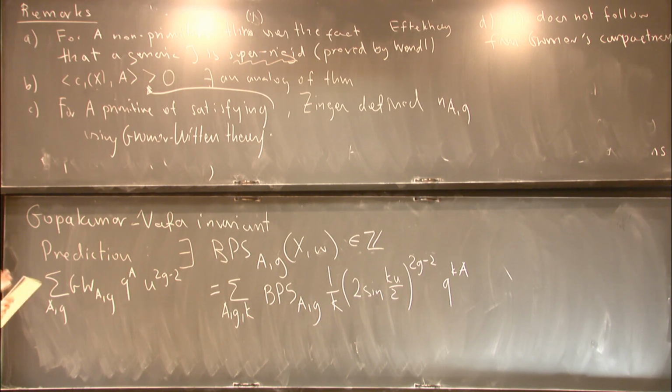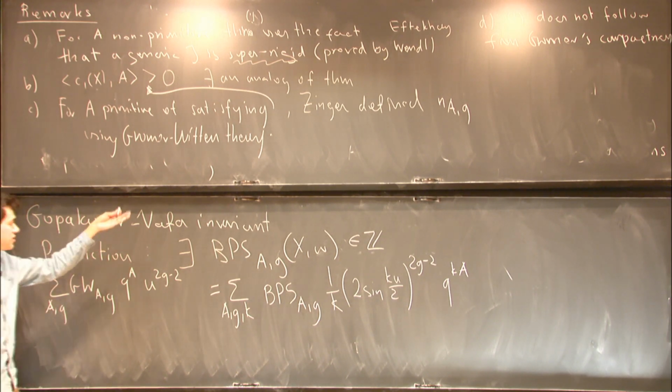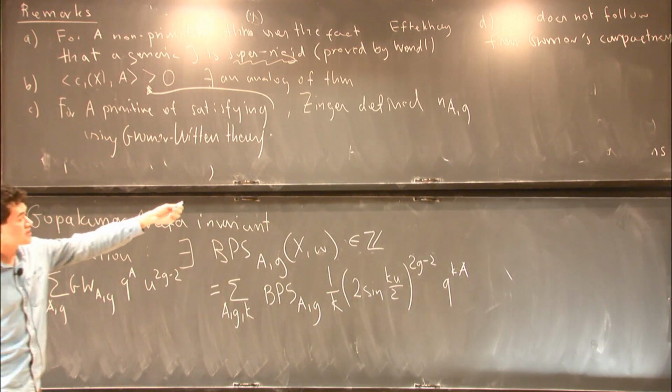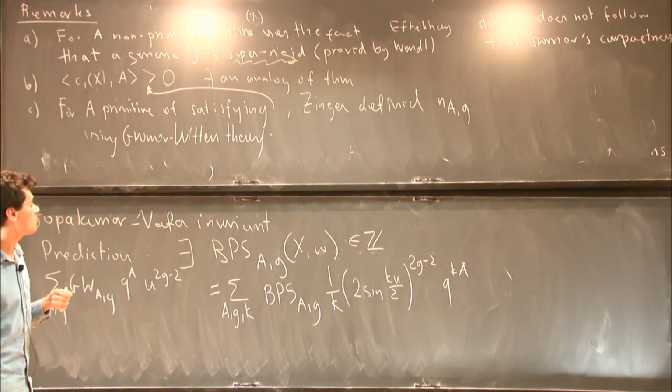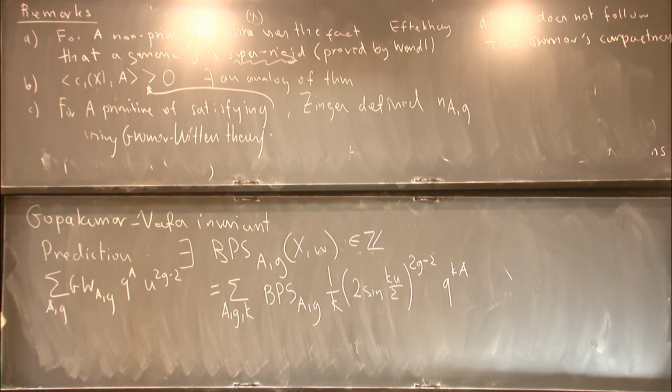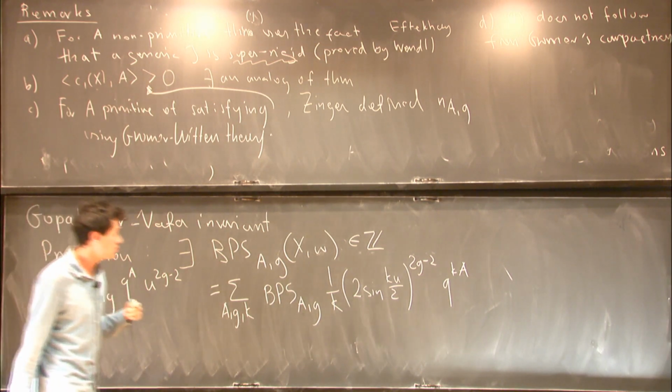Okay, so of course it's a question, how do you actually define these numbers? And there are many ways people try to do this. Some use Donaldson-Thomas theories, so there are some proposals for these numbers, but then actually they don't know how to prove this formula. So then you can restate the conjecture.